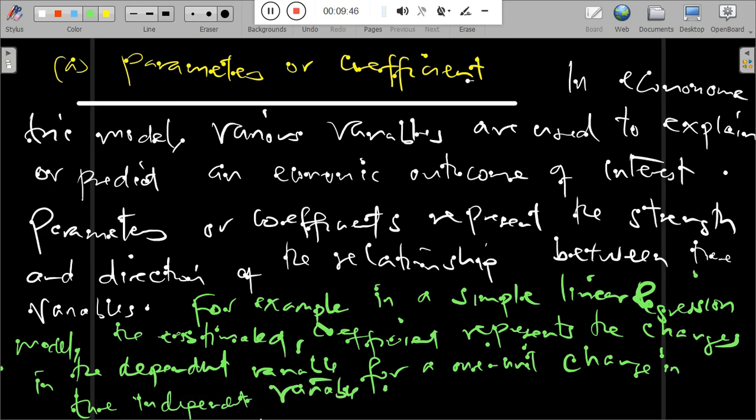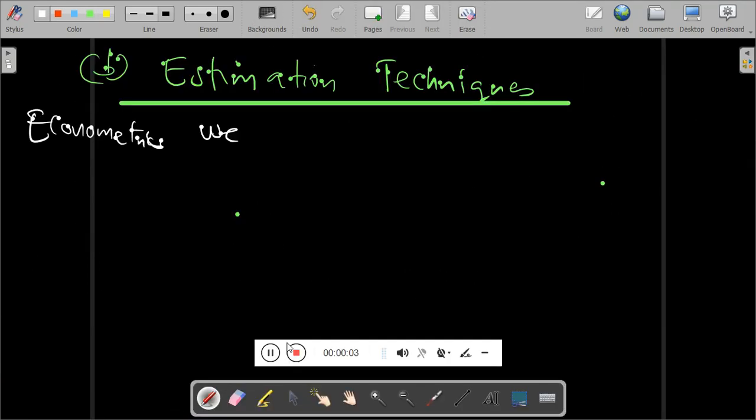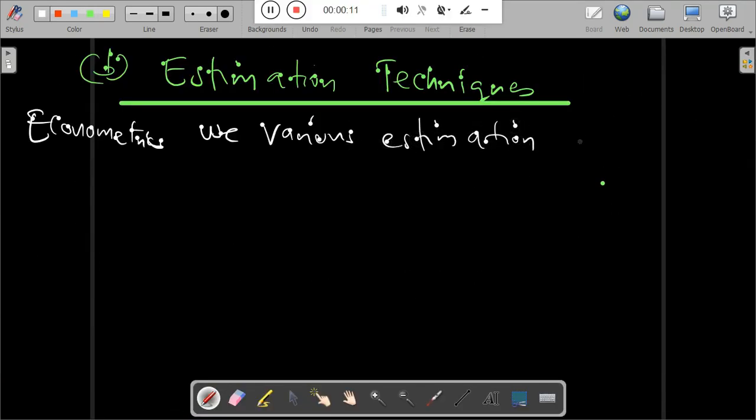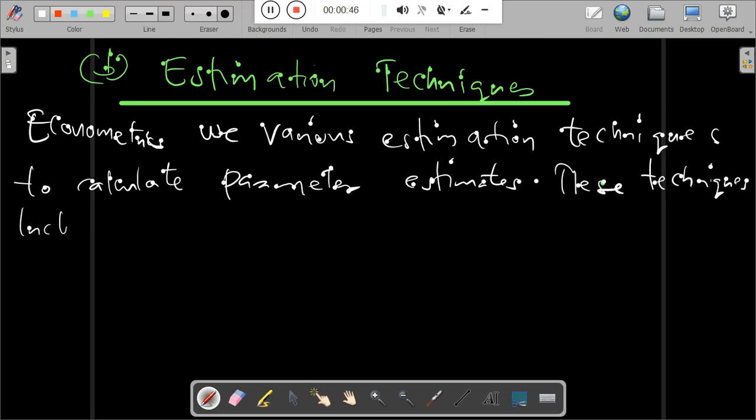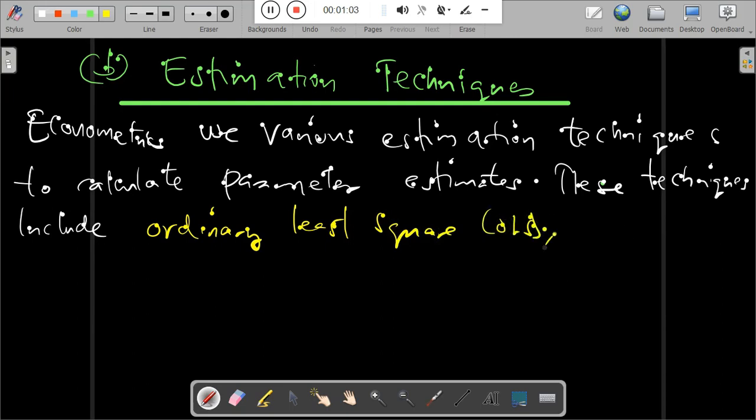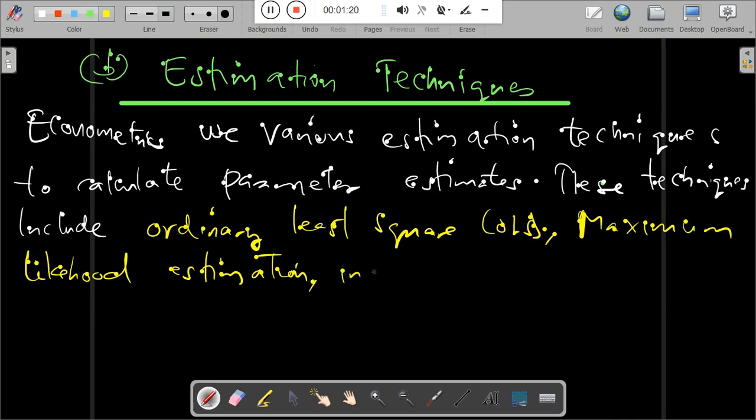In a simple linear regression model, the estimated coefficients represent a change in the dependent variable for one unit change in the independent variable. The dependent variable is sometimes called the predicted variable, and the independent variable is sometimes called the explanatory variable.